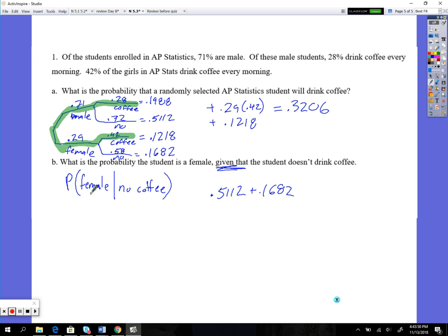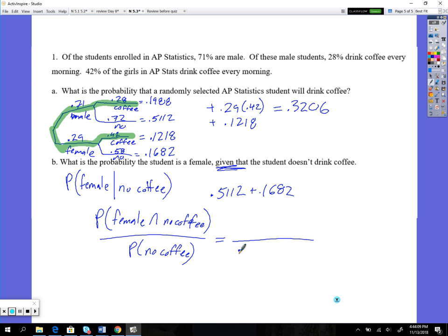I want to remind you that this translates to the probability of female and no coffee, divided by probability of no coffee. So the probability of no coffee is going to be this, and the probability of female and no coffee is this branch here, female and no coffee. So that's just going to be this number.